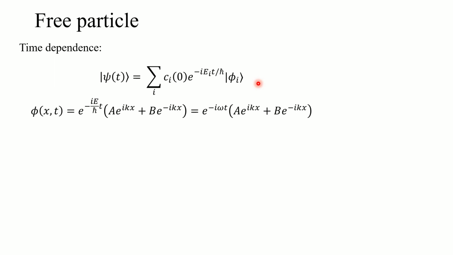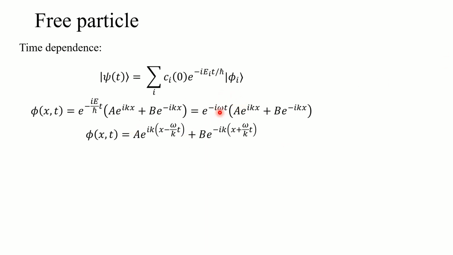If we do that in this case and just look at a given term in this expansion, we're just going to have the eigenfunction times that energy-dependent phase factor out front. If we take the energy divided by h bar, we get an angular frequency, so we can just rewrite that as an omega. This is what we get for the time-dependent coefficient of our linear expansion.